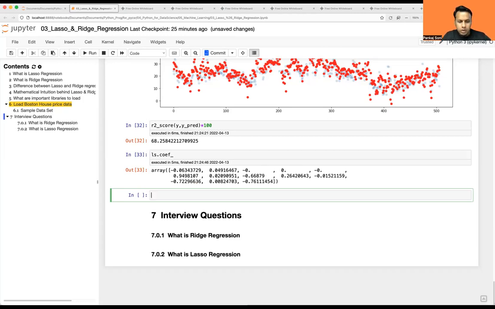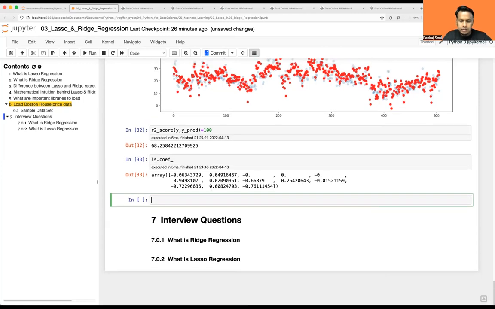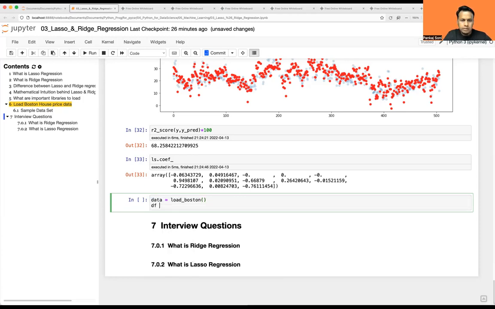So what we can do here, we have load_boston data. Let's say df equal to pd.DataFrame, I'm going to create a data frame. Then it will be easy for us to filter only those particular features which have 0 values in the coefficient.